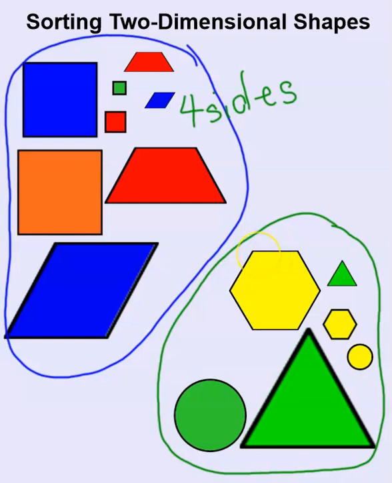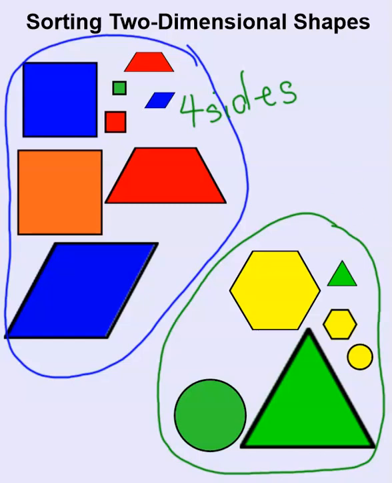This hexagon, let's count. 1, 2, 3, 4, 5, 6. Oh, look at the triangle. How many sides does the triangle have? 1, 2, 3. That's right. So when we sort, we can also think of an attribute like a side.